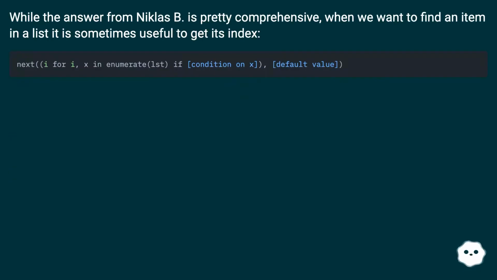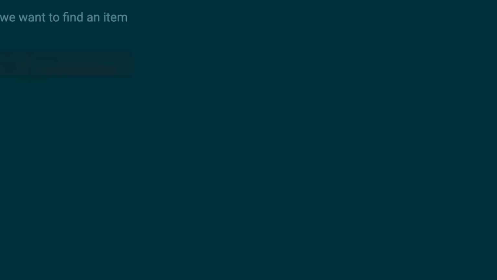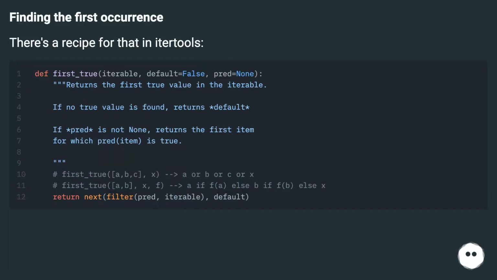While the answer from Nicholas B. is pretty comprehensive, when we want to find an item in a list, it is sometimes useful to get its index. Finding the first occurrence.